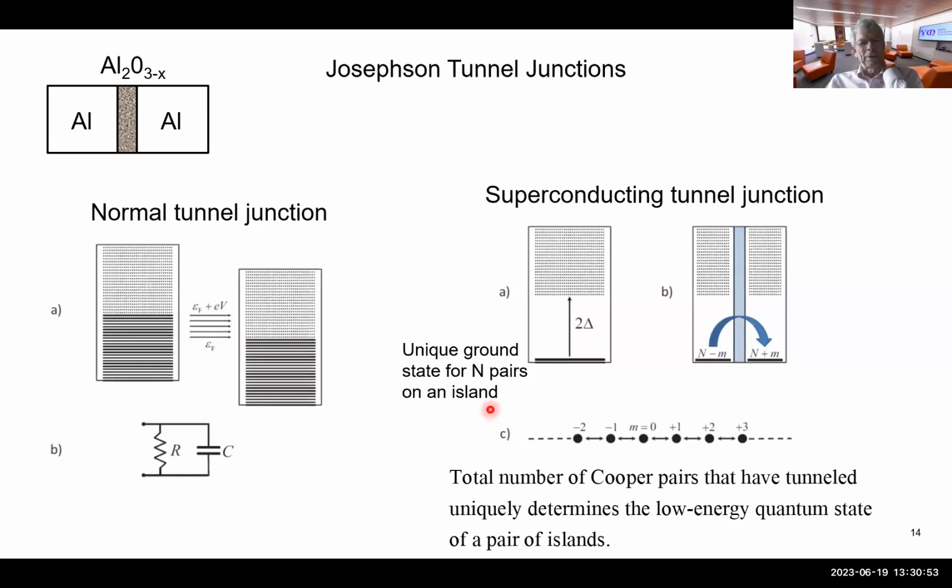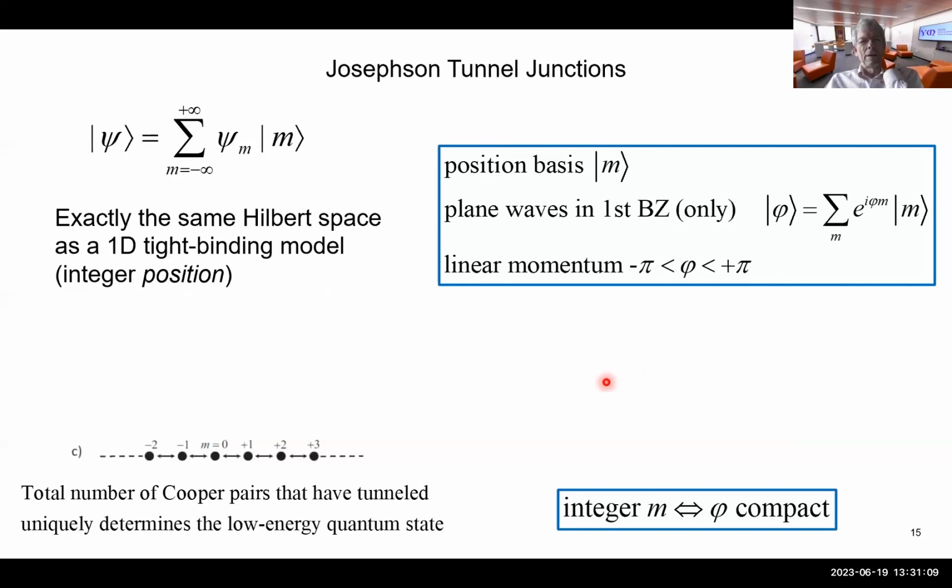So that uniquely determines the low energy quantum state of a pair of these so-called islands, these metallic islands. That's not true in the normal state. Here, I might have had somebody tunnel at this energy or that energy. There's a whole continuum of states, and I'd have to tell you which ones are occupied. Here, it's unique. So this is the same Hilbert space labeled by an integer that can run from effectively minus infinity to plus infinity.